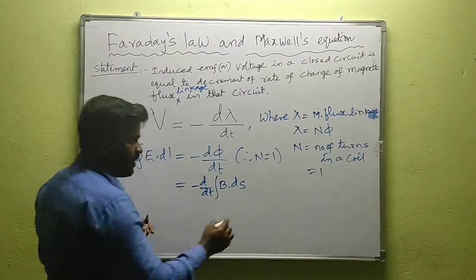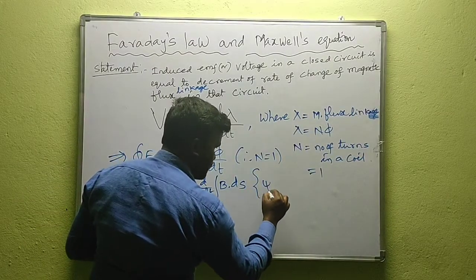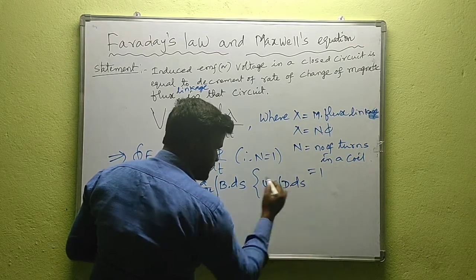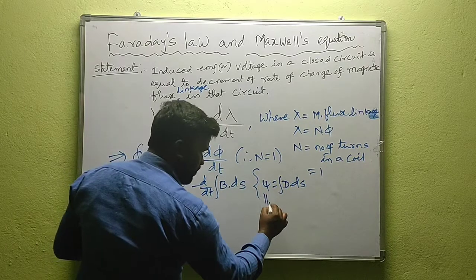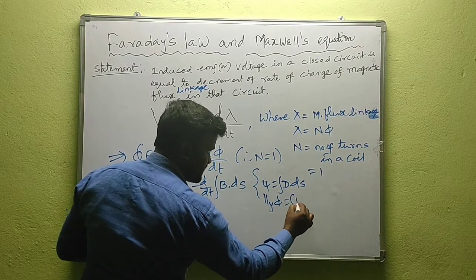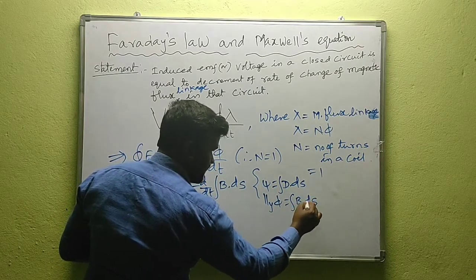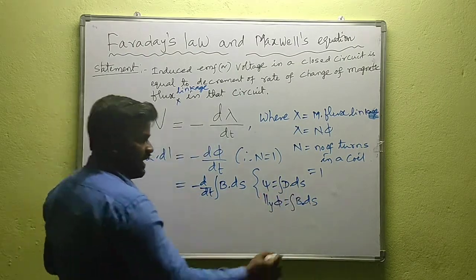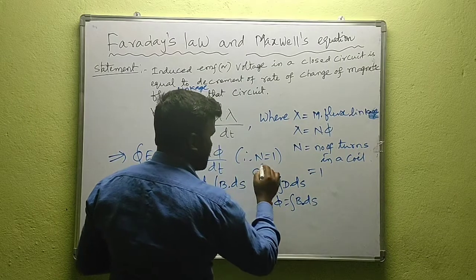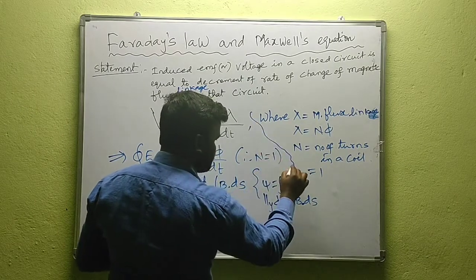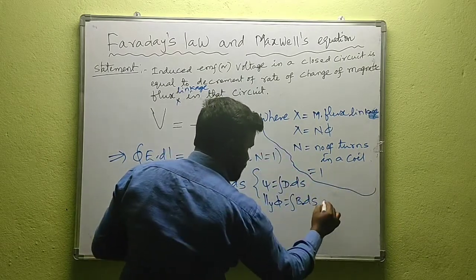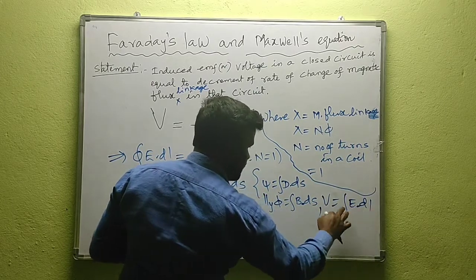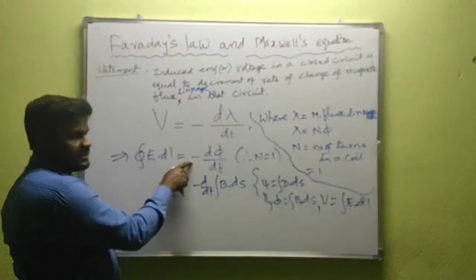Similarly to electric flux psi in terms of electric flux density, magnetic flux in terms of the magnetic flux density can be written as phi equal to integral B dot ds, and we know that V equal to integral E dot dl. Of course, we have the negative sign. The negative sign is written here.